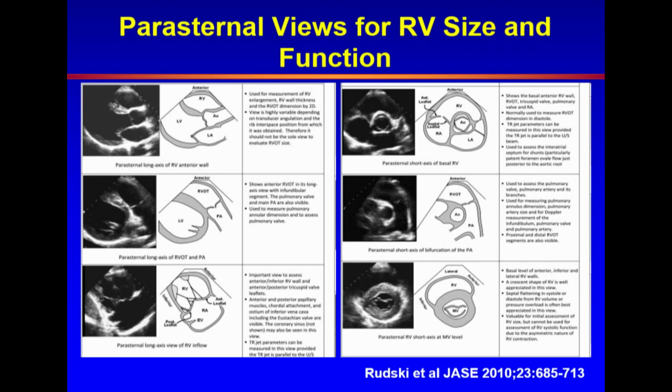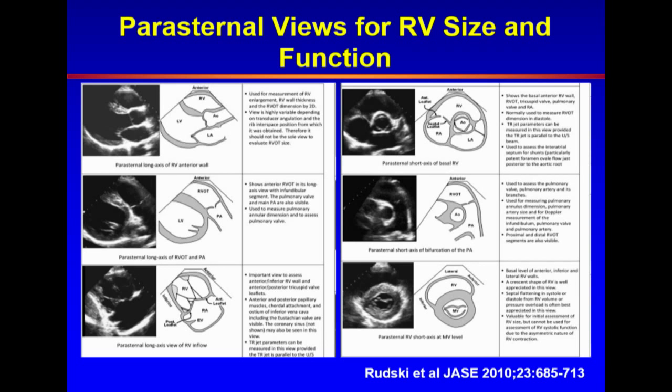Is it going to be normal, enlarged, or not? Because here we can measure thickness with the axial resolution, the guidelines have emphasized using this view to measure the anterior wall RV thickness. Having said that, it is much better seen in the subcostal view, and it is the view that one should use if you are interested in RV wall thickness.